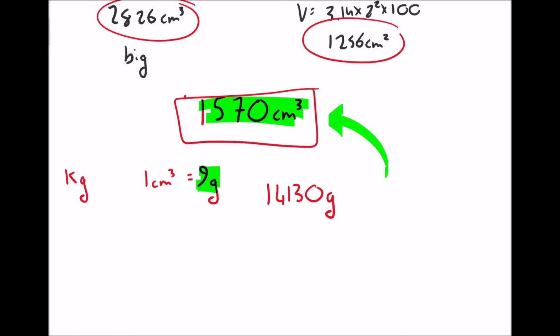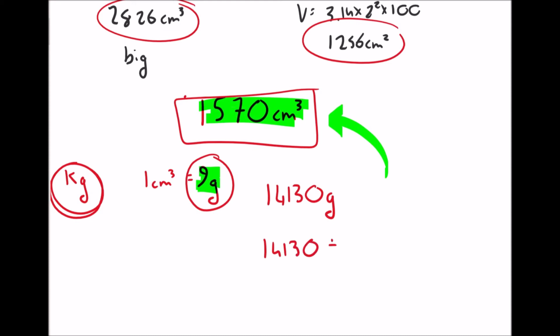Okay, so I took the 1570, multiplied it by 9, so that pipe is 14130 grams. However, I'm asked for it in kilograms, not grams. There's 1000 grams in a kilogram, so we'll take the 14130 and divide by 1000, and we'll get 14.13 kg. Okay.